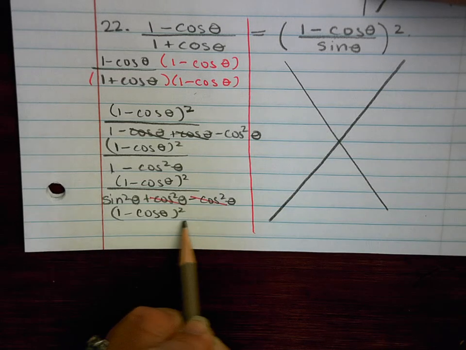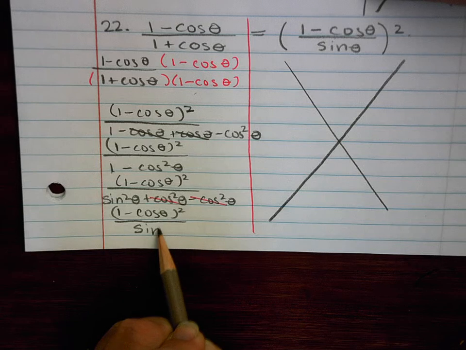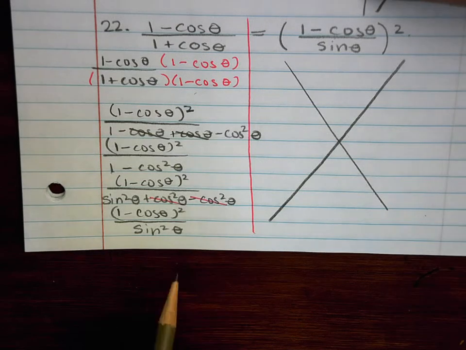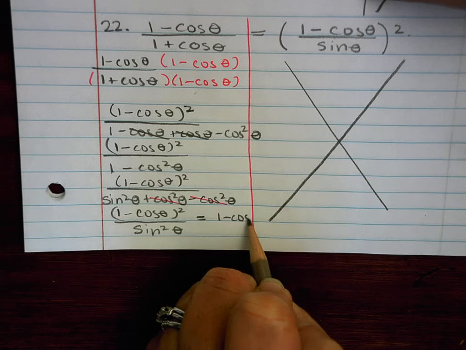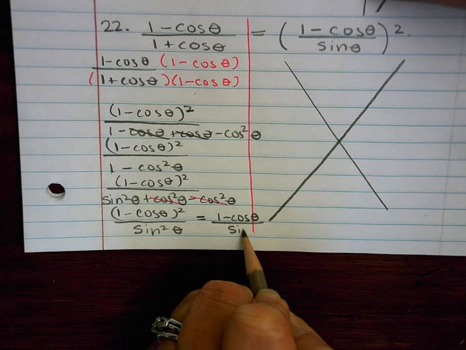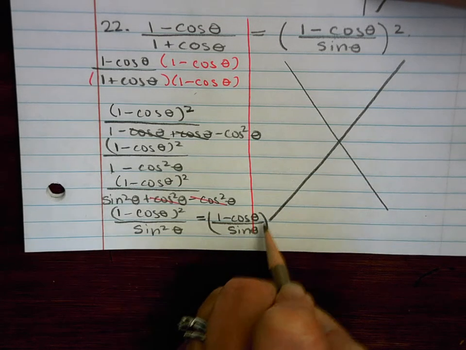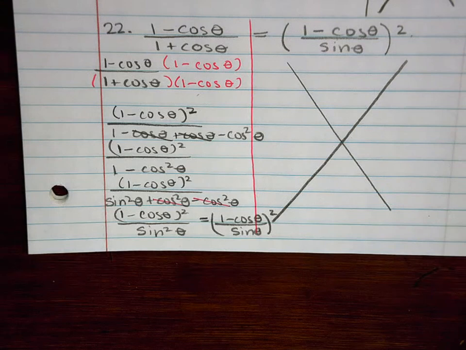So I still have 1 minus cosine squared over sine squared. And since both the numerator and the denominator are squared, I can rewrite it as a quantity squared. So this would just be sine theta and then quantity squared. And that's it for this video.